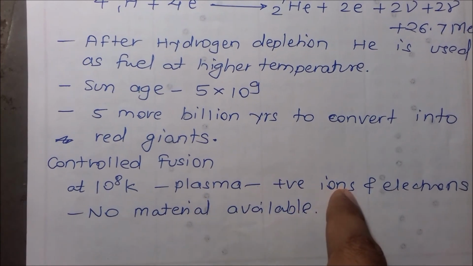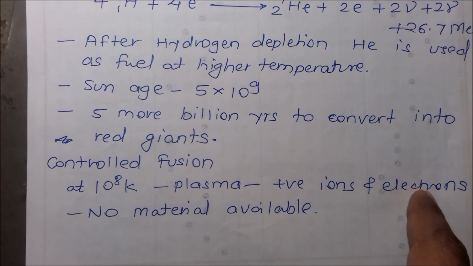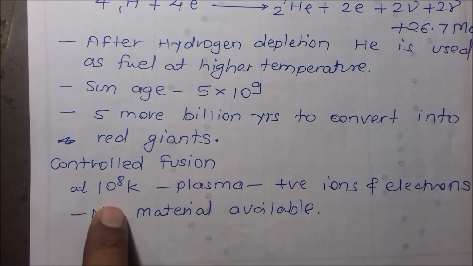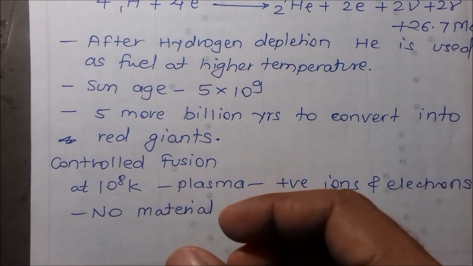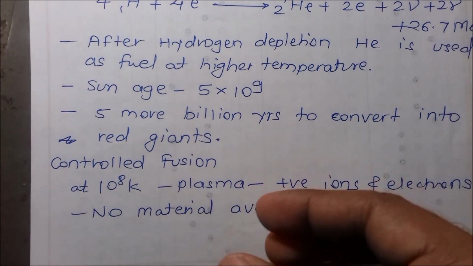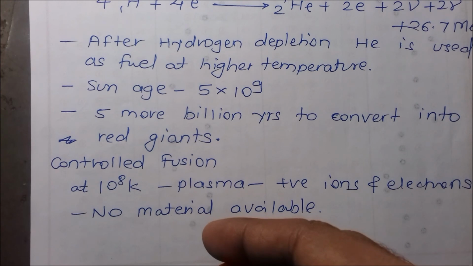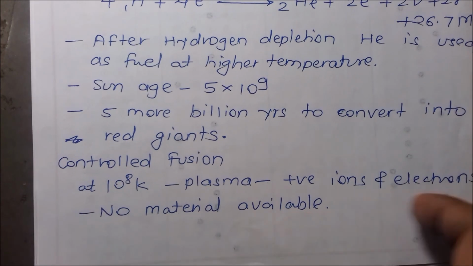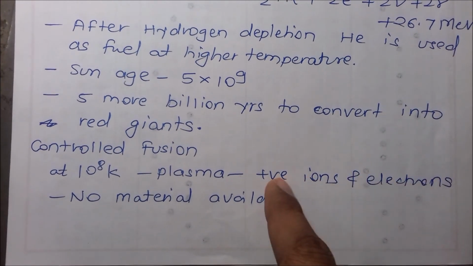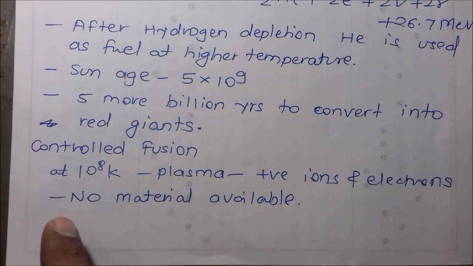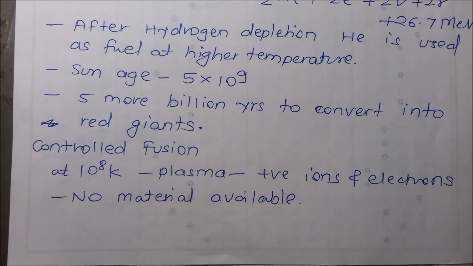Plasma means positive ions and electrons. It means at this temperature, hydrogen atoms are not present. The nucleus of hydrogen and the electrons of hydrogen become separate. So plasma is a combination of positive ions and electrons, and no material can withstand this much temperature. Therefore controlled fusion is very difficult.